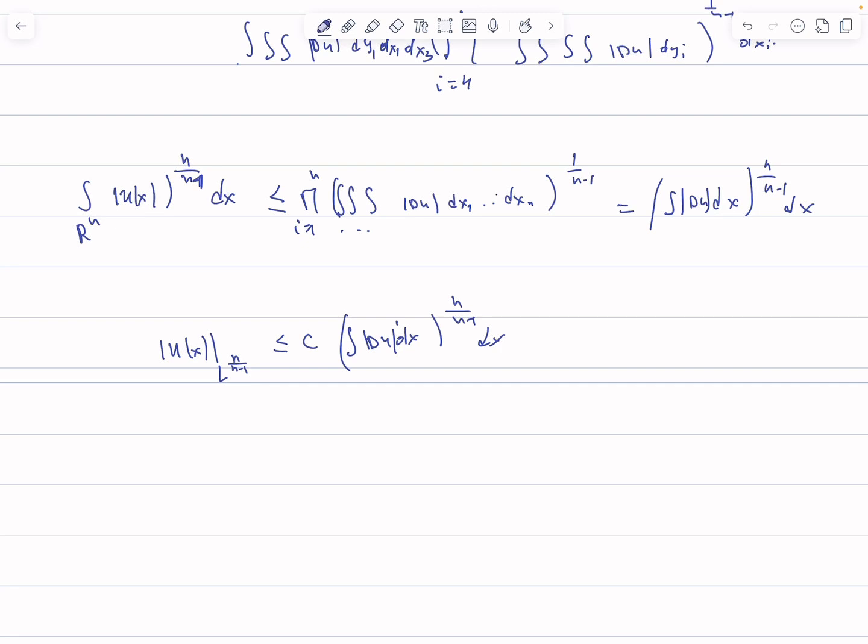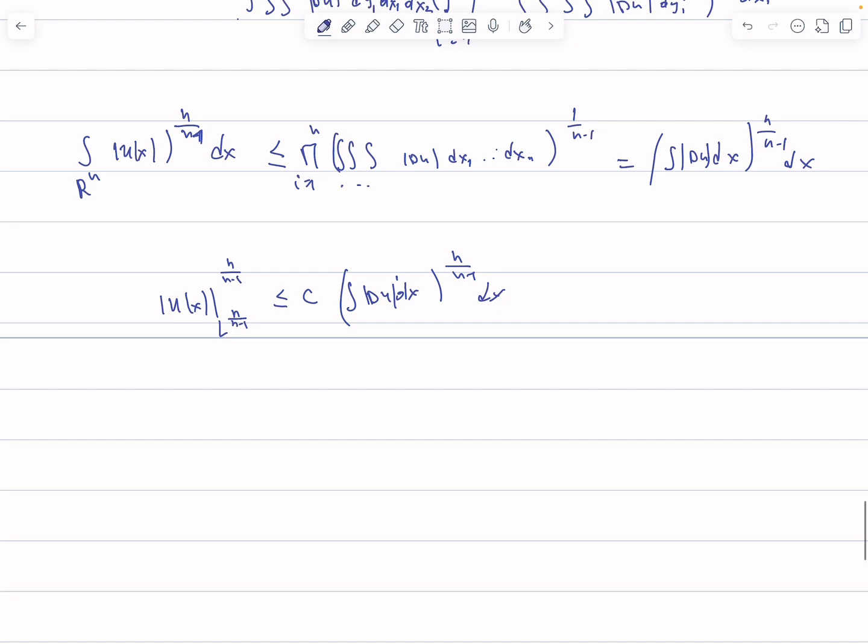Now we should take out this one, because this means the square and the square root of this one.